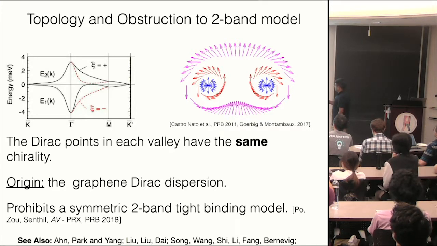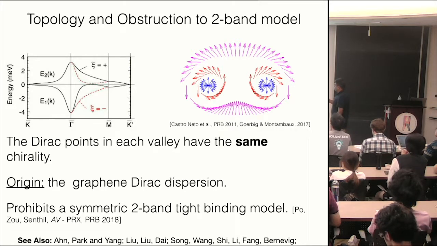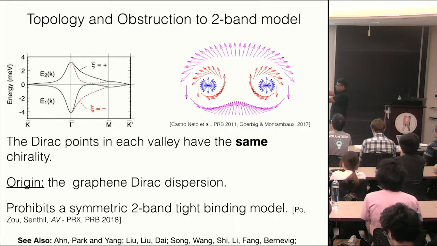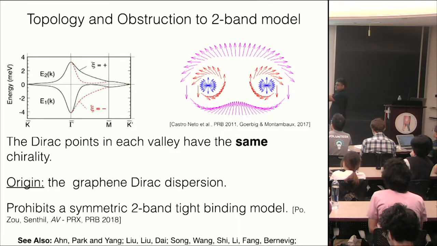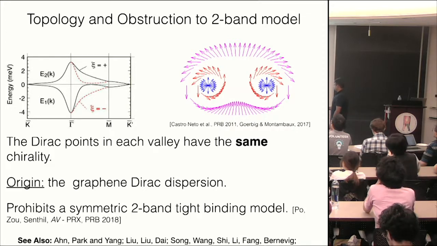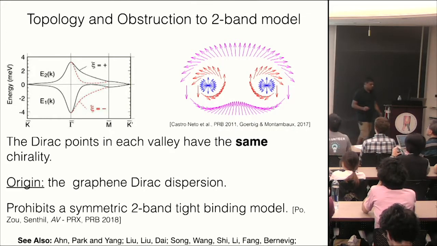If you had any band structure coming from some tight binding model, these two would have opposite chirality. In fact, that's what happens in graphene. You have two Dirac points, but they have opposite chirality. In this case, because they descend from the graphene Dirac points in two layers, they actually have the same chirality. You can show that this cannot come out of a tight binding model. Let me give you an argument why.